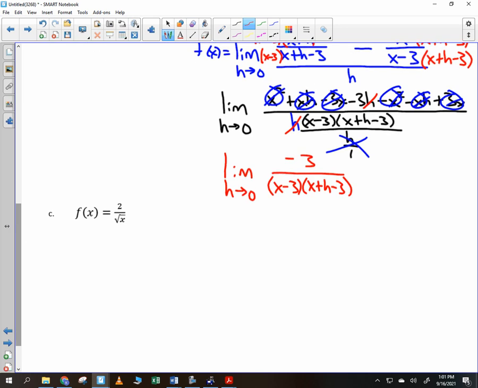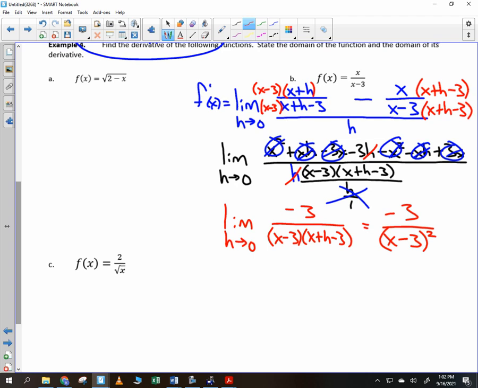Can I now plug in the 0? So if you notice, there's not a plus sign here, is there? This is multiplying. So you get x minus 3 times x minus 3. So we get negative 3 over x minus 3 quantity squared. That's your derivative. That is f prime of x.